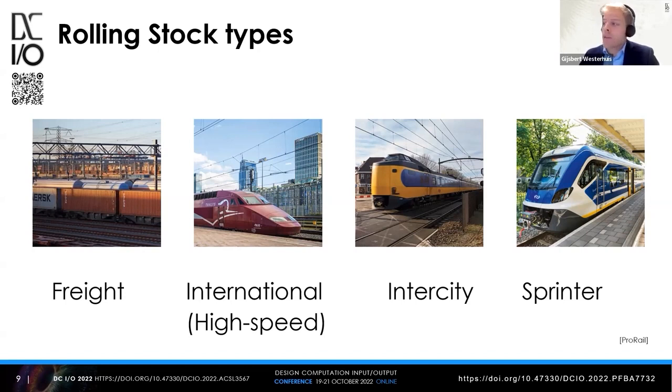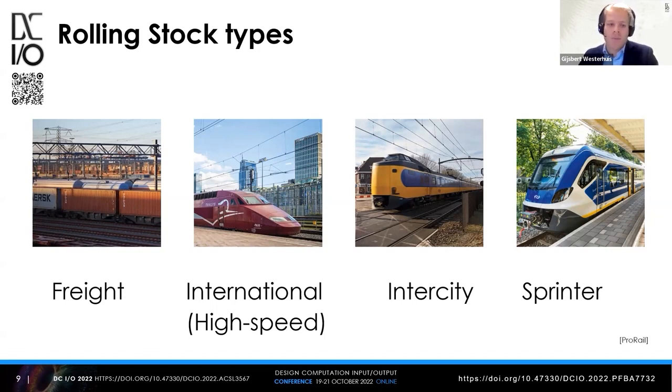Also, very important, intercities and sprinters have a shorter track to cover. They need to go, for instance, from the middle of the country towards the western part of the Netherlands, which is a shorter distance than, for instance, freight that goes from the harbor of Rotterdam deep into Germany.